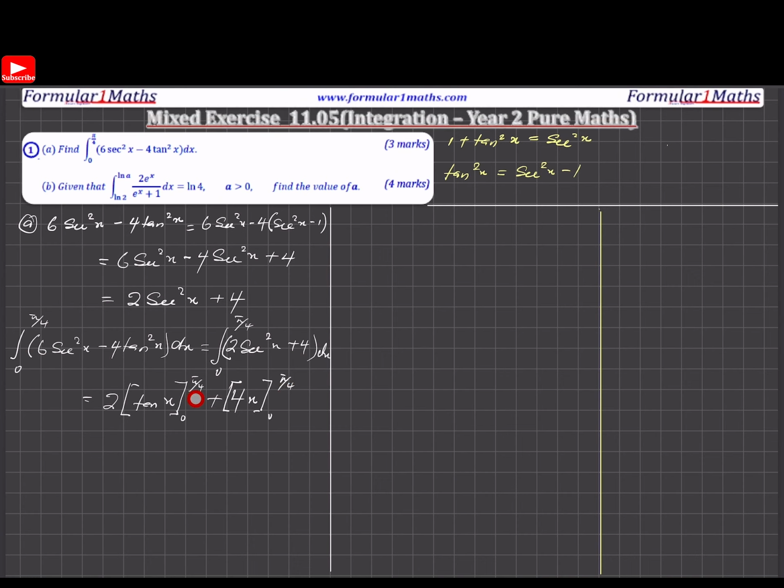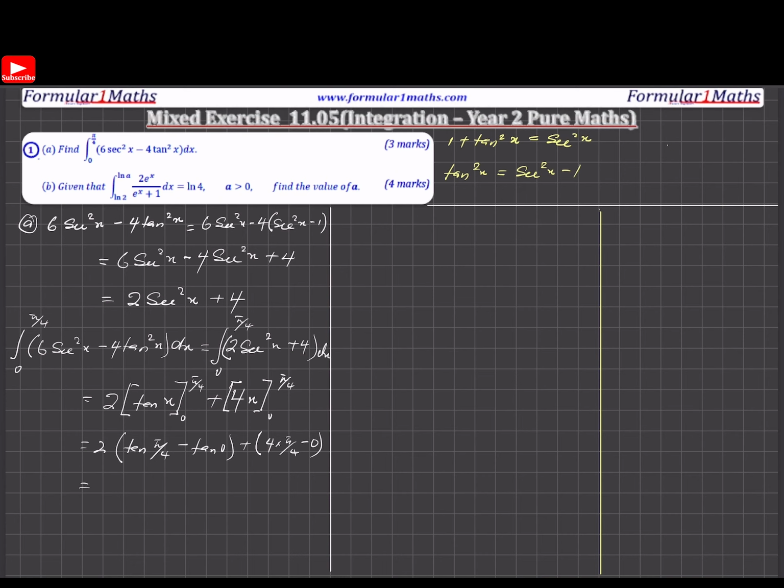If I do my substitution for this term, I have 2 brackets tan pi over 4 minus tan 0 plus 4 times pi over 4 minus 0.